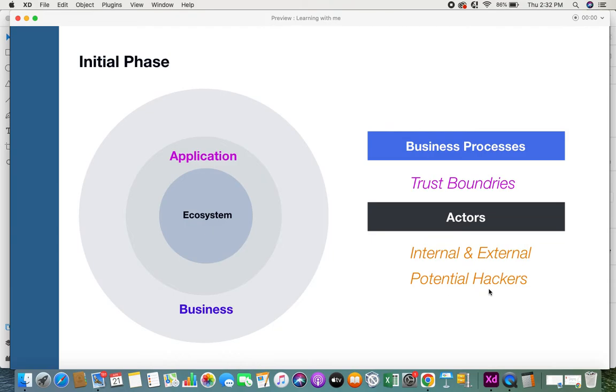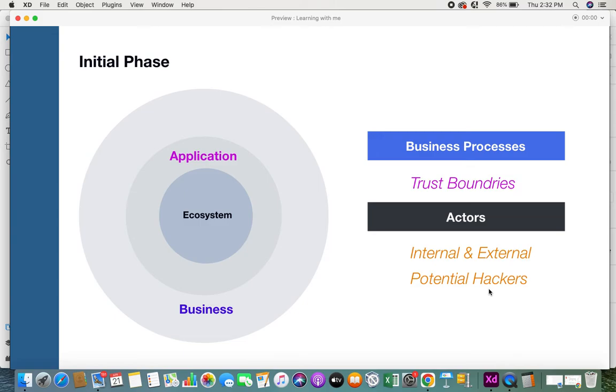For example, for the e-commerce website example that I told you, not only might the external customers want to hack the system to get confidential information like credit card payment information, but it can also be the internal office staff who use the system. They might want to manipulate the system for their own gain and benefit, and take advantage of the information present in the system. So they can also be potential hackers.